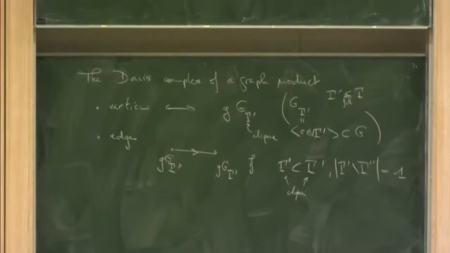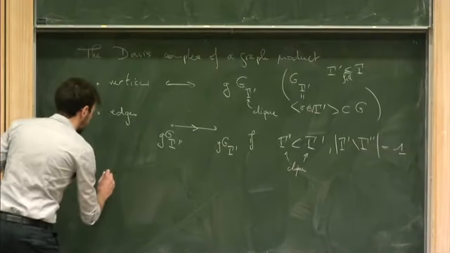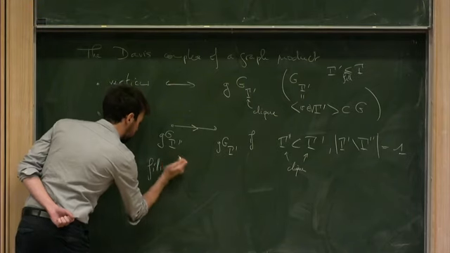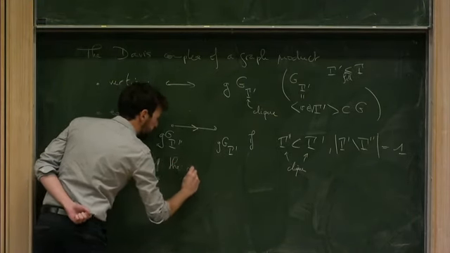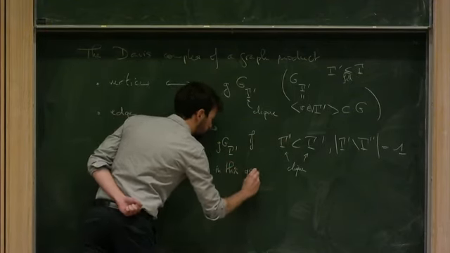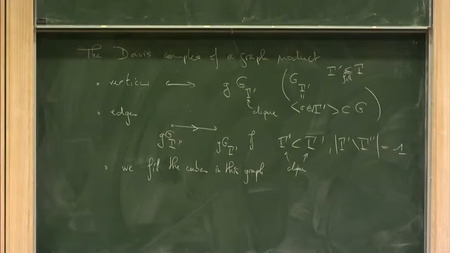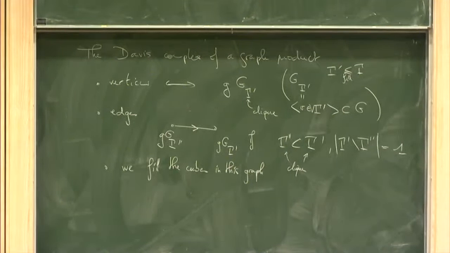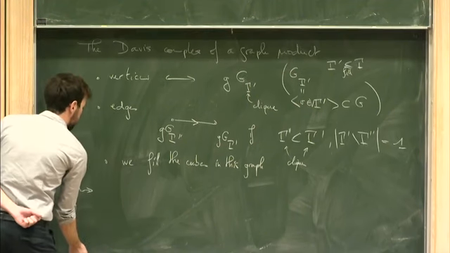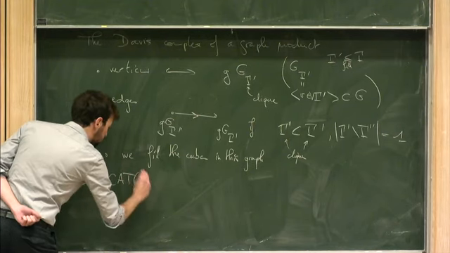So that gives a graph, and now we construct a complex by filling the cubes in this graph. That is, whenever you see the one skeleton of a k-cube, you add this k-cube in that complex, and that gives you a complex which turns out to be a CAT(0) cube complex.